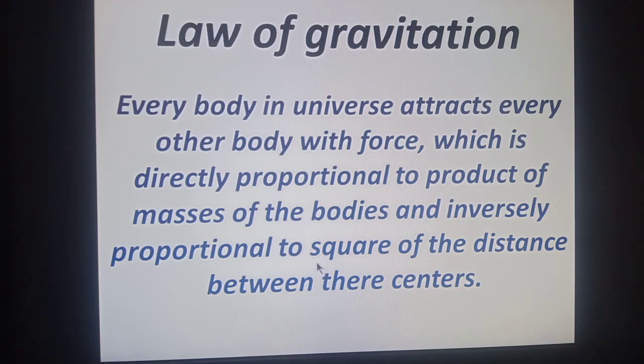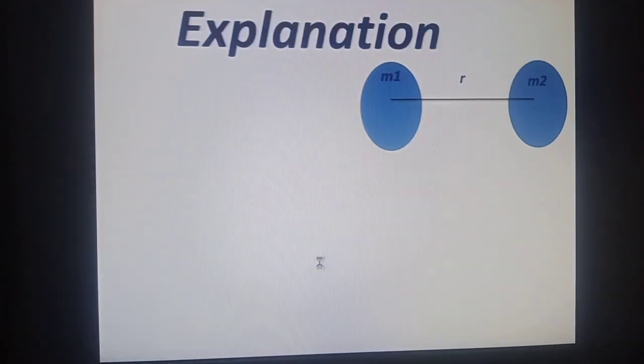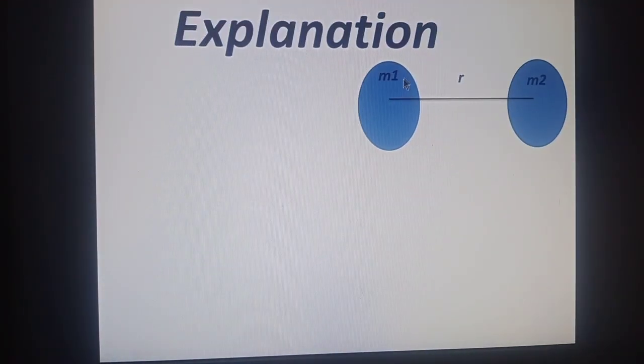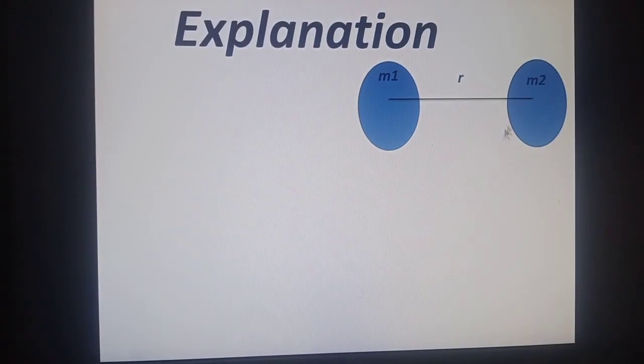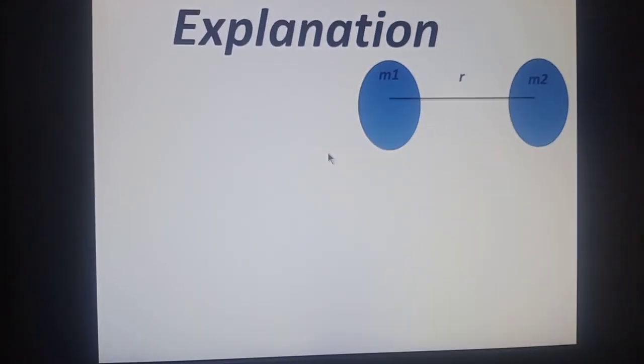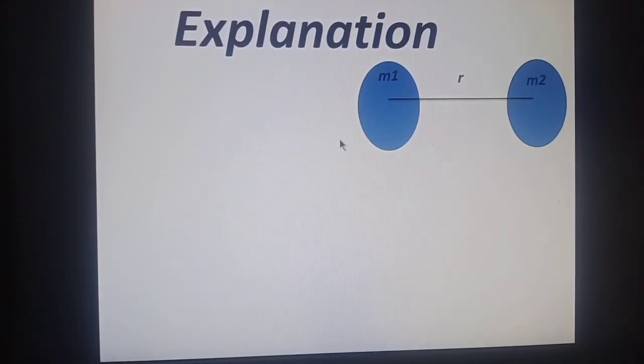On what factors does this force of attraction depend? To understand it, let us consider the example of two bodies of masses m1 and m2 placed at a distance r between their centers. Students, these bodies will attract each other according to the law of gravitation.